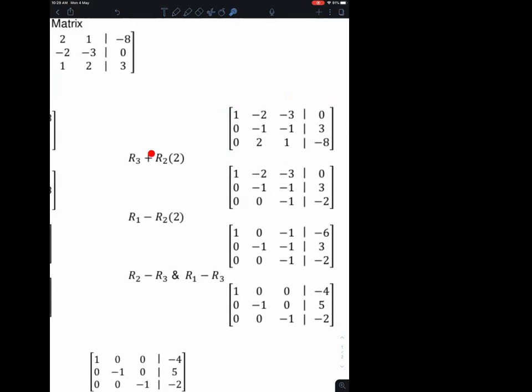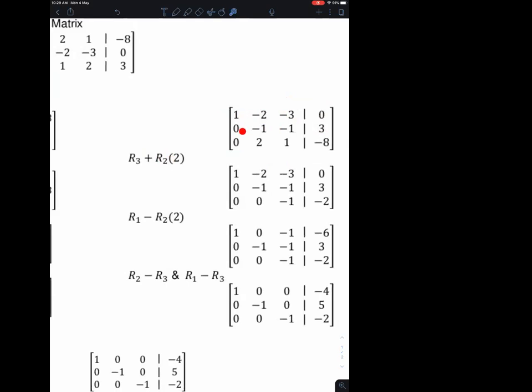And then now to row 3, you're going to add 2 times row 2. And this is your row 3. You're going to take 2 times the whole row here and add to row 3. Sorry, this is row 1. This is row 3. Sorry, row 2.